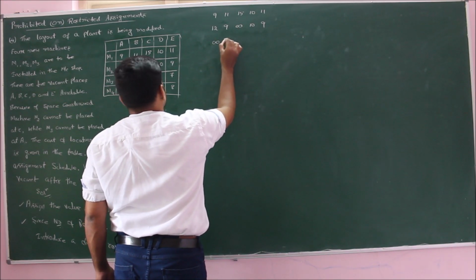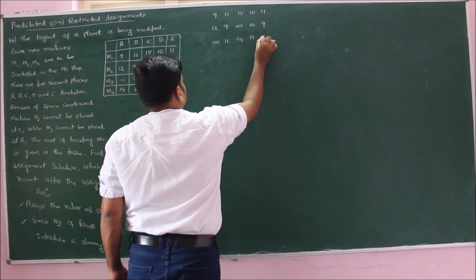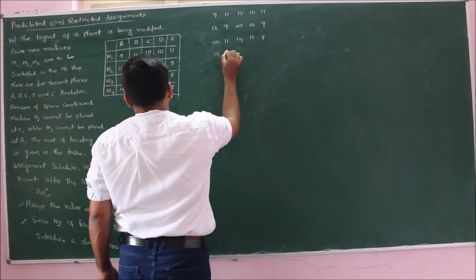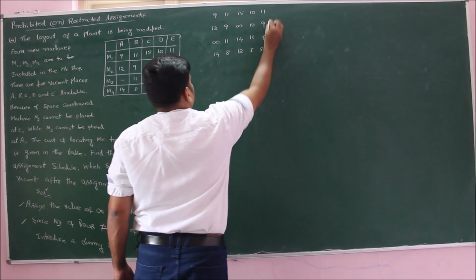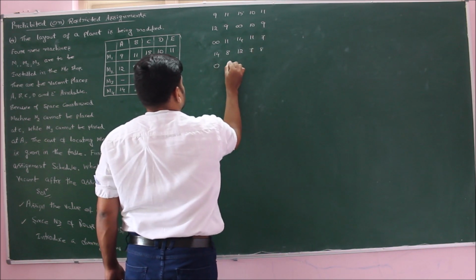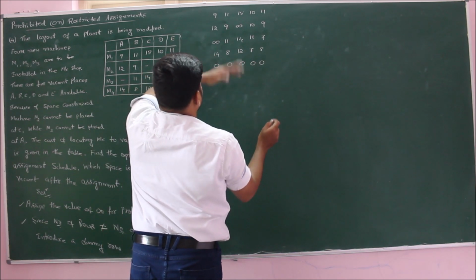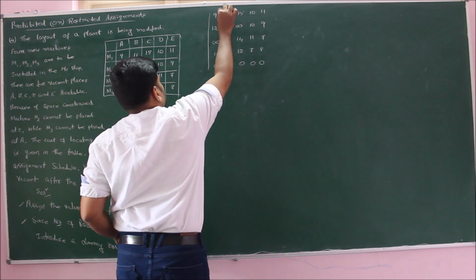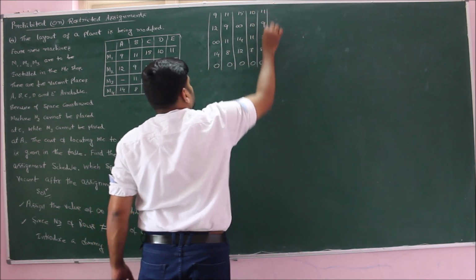Then infinity, because this one is prohibited too, 11, 14, 11, 7, then 14, 8, 12, 7 and 8. I want a dummy row, so I introduce a dummy row. Thereby I have 5 rows and 5 columns. Now we have a square matrix, therefore we can apply the Hungarian technique.